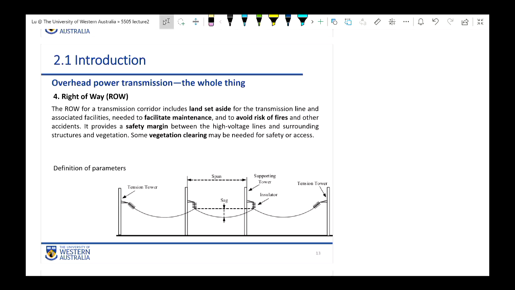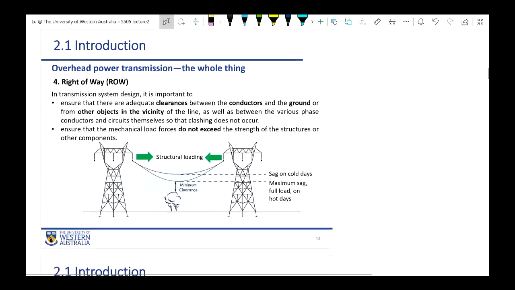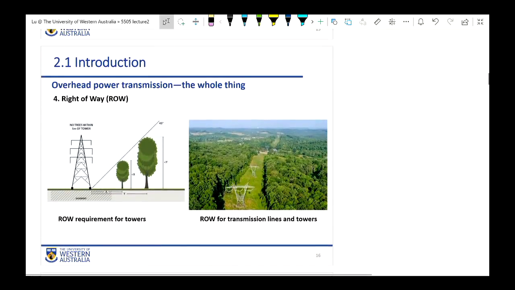Some vegetation clearing may be needed for safety or access. You can see the picture given here. Besides the towers and the transmission cables, the land is free of vegetation and trees, and it's not for humans to access. It's just for safety reasons.